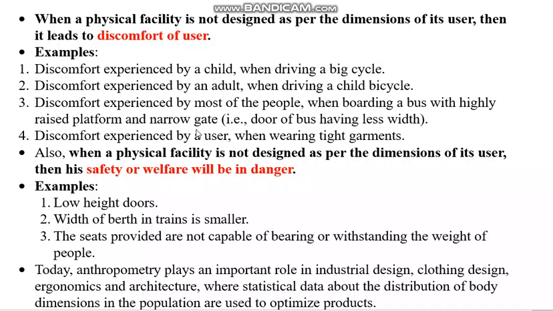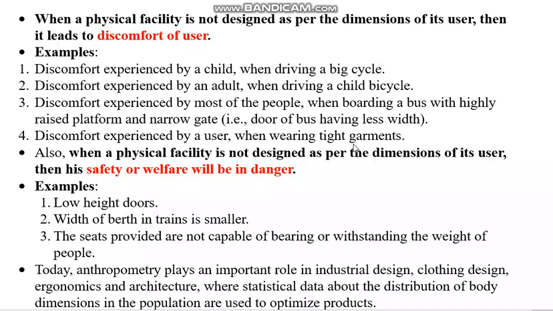You will not be able to walk perfectly, or you will face problems when sitting and rising. If there is a raised platform in the bus for climbing in, then you will experience discomfort. If the gate is very narrow, you will experience discomfort.